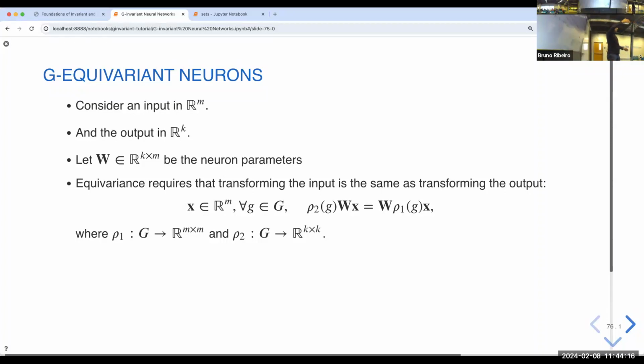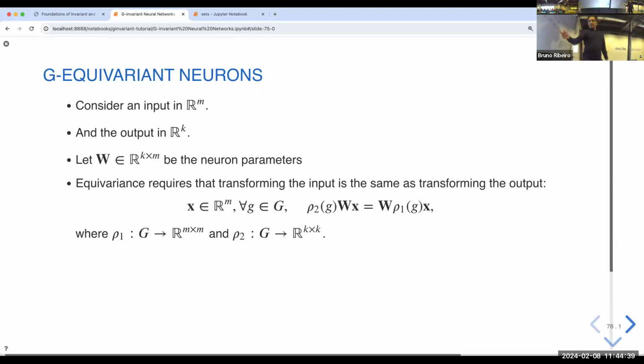One neuron equivariance makes no sense. So I have a set of neurons, so instead of a vector, I have a matrix here, okay? And I'm going to get a set of neurons output. So if I apply the transformation on these neurons, it is the same as applying the transformation on the input. Okay, so I need this constraint here.